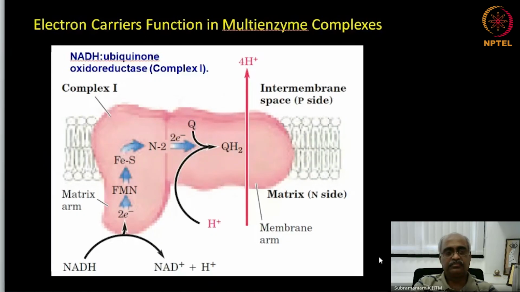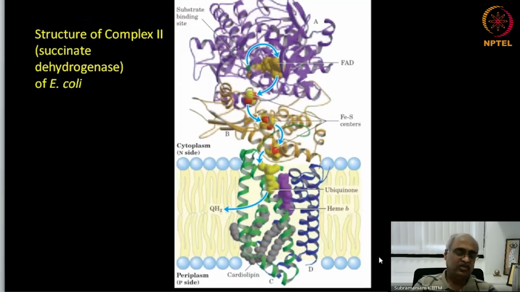Now let us look at complex 2, that I did not mention in the initial introduction, because it actually comes from a sort of loop, or a bypass sort of thing. When we see the overall structure, we'll understand. This complex 2 is something that we already know.